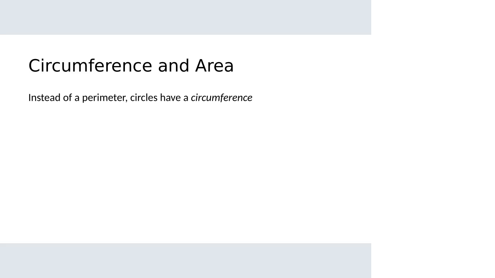Okay, instead of a perimeter, circles have a circumference. So we have a circle here with the center, and that circle has a radius and it has a diameter. And now we're going to talk about the idea that it doesn't have perimeter.